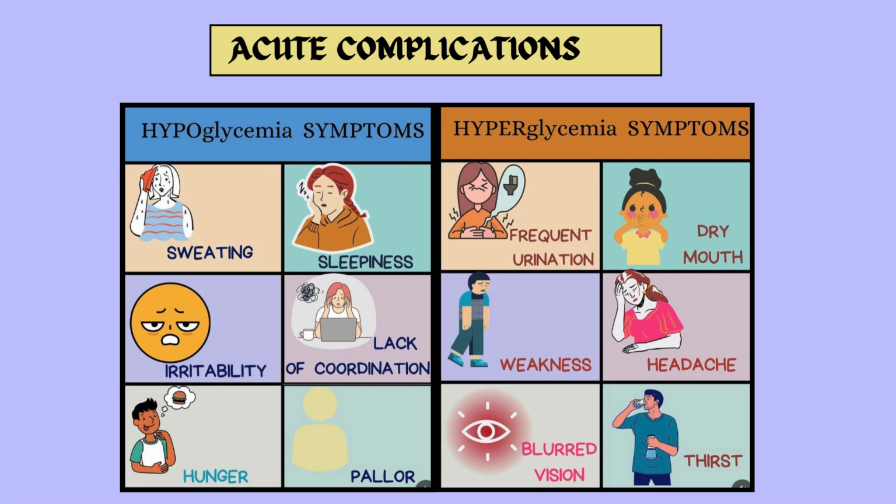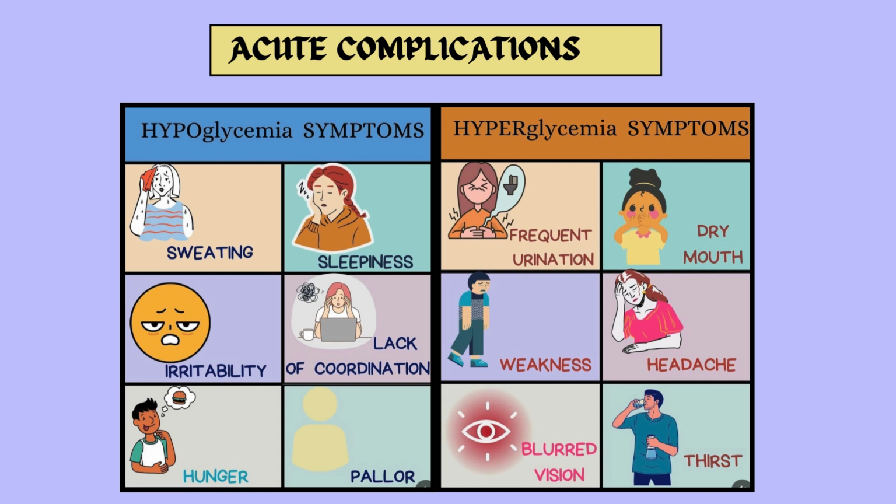If due to any condition the person is getting insulin or oral hypoglycemics but not taking enough food, what happens is hypoglycemia. But sometimes if the person skips the insulin dose or the oral hypoglycemic and eats food, that can lead to a high glucose level, and the person can have an episode of hyperglycemia.